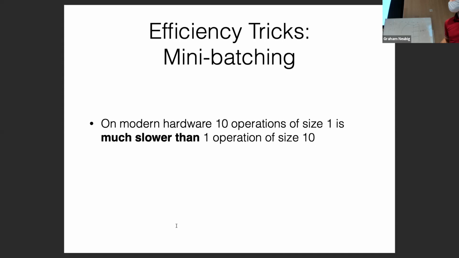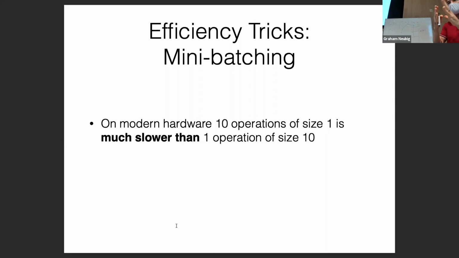The reason we do it for efficiency is that on modern hardware, doing many identical operations at a time is much faster than doing operations individually. For example, a GPU can add 256 numbers at the same speed it can add one number, because it has 256 or 512 threads.